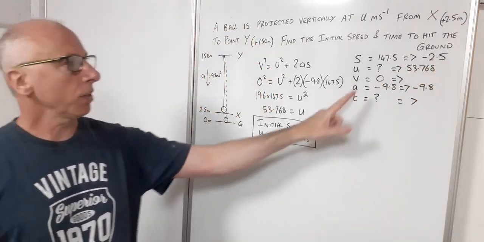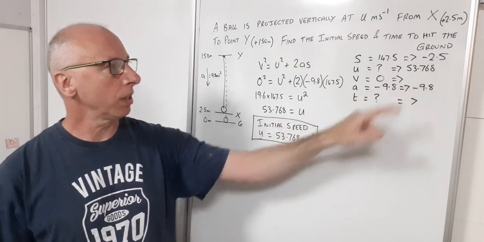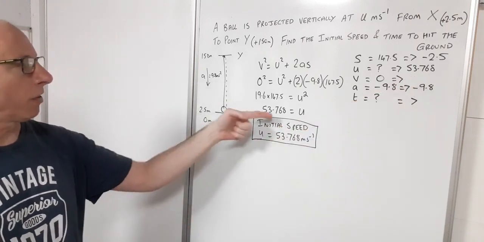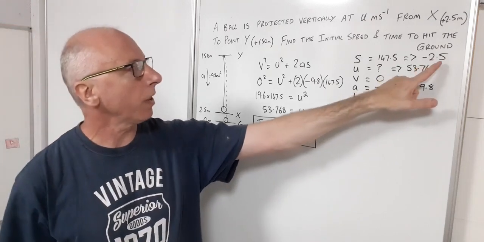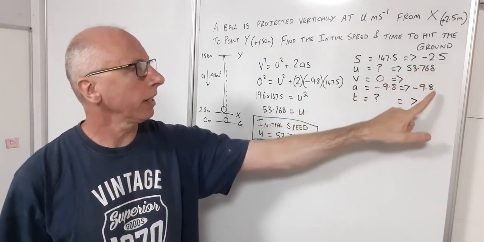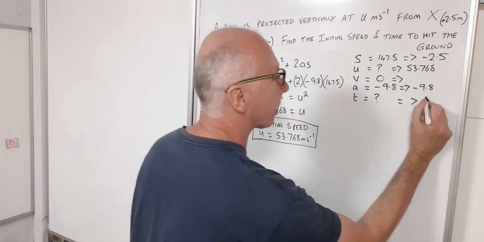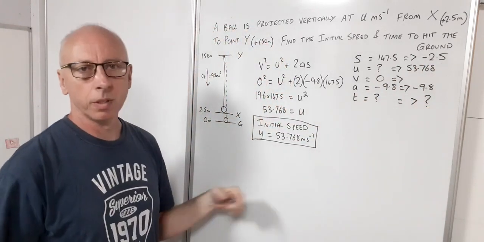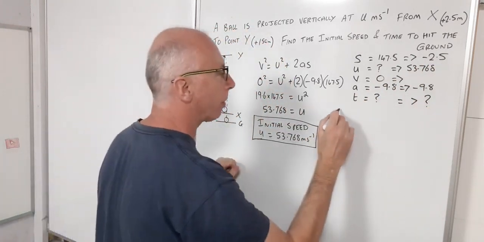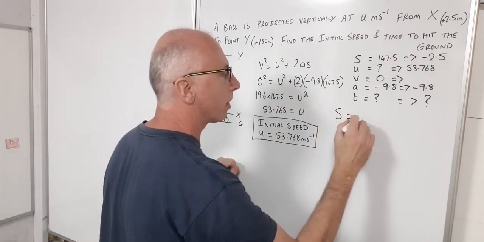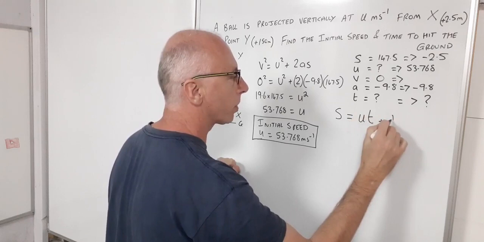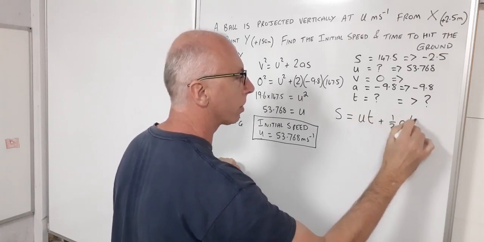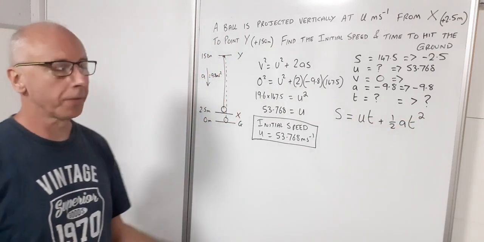Now the velocity, we're not worried about at this stage because we've got our initial velocity to help us out with that one. So now we need an equation with S, U, A and we need to find T. The SUVAT equation that's going to help us out with that one is displacement equals initial velocity times time plus a half times the acceleration times time squared.